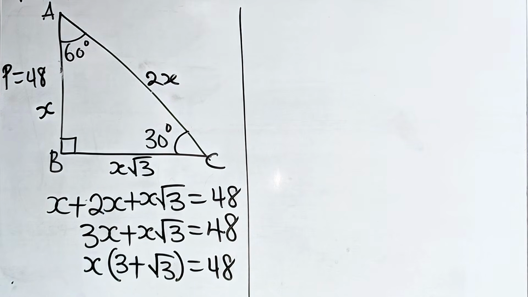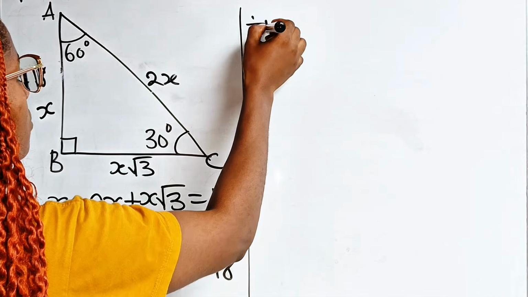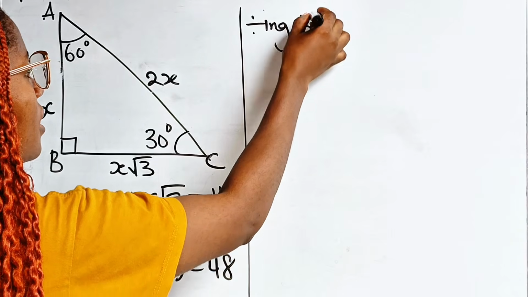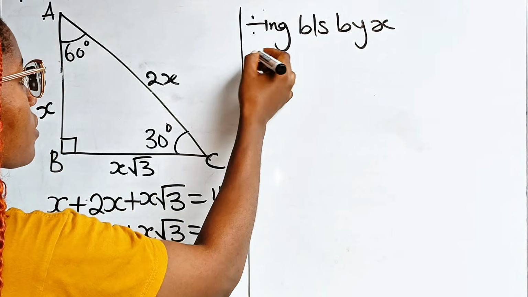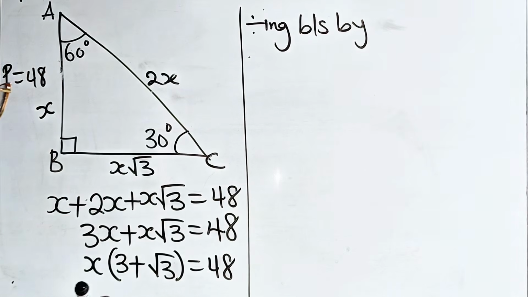All right, so let's divide both sides by 3 plus root 3, since we are looking for x.